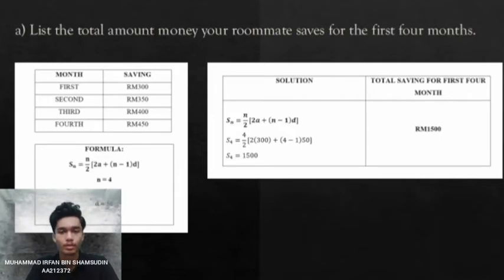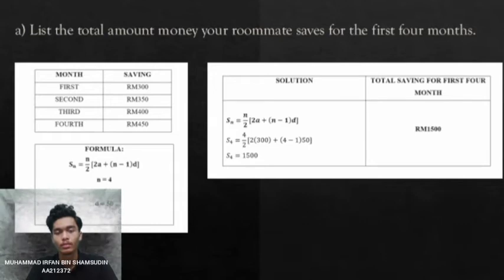So the formula is Sn equals n divided by 2, bracket 2 multiplied by A plus bracket n minus 1 multiplied by D. The question wants the first 4 months, so n equals 4, A equals 300 and D equals 50.